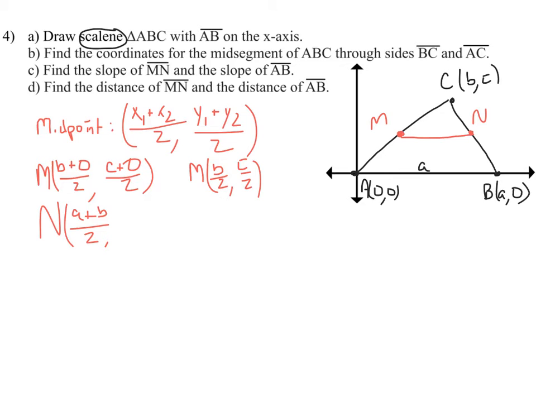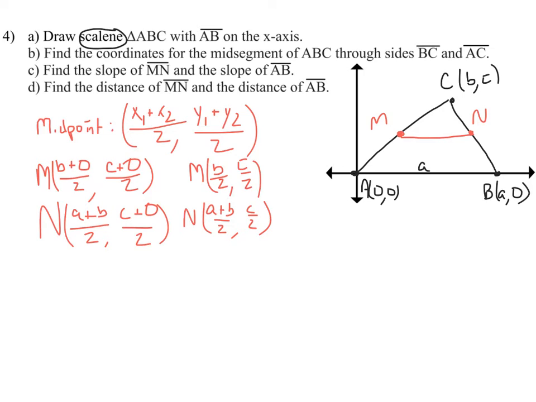Then our y's. Add 0 and c, and divide by 2. Now, there's no simplifying that first part. a plus b are not like terms, so we just have it as (a plus b) over 2, comma, and then the other part is still c over 2. Okay, part B, now done.